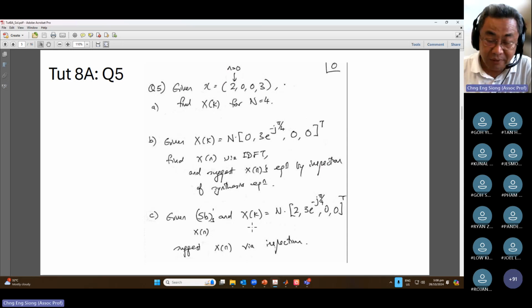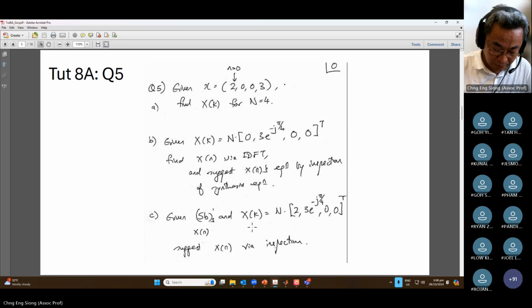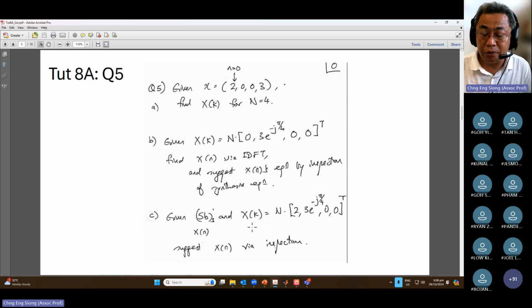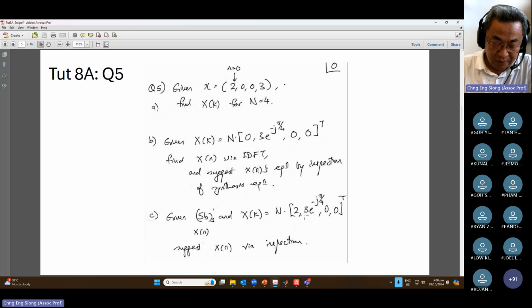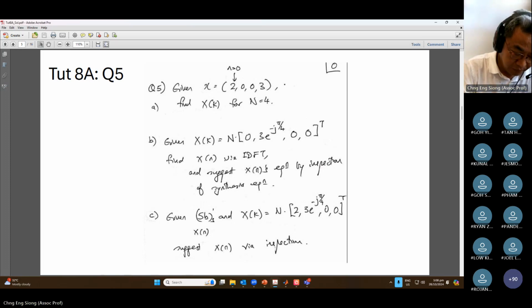Now, 5C. I think I've shown you the solution, right? Again, if you know how to do 5B, then 5C is trivial, right, guys? So let me write the question first. 5C: I am given X_k, with n, and I'm given 2, 3e^(-jπ/4), 0, 0.